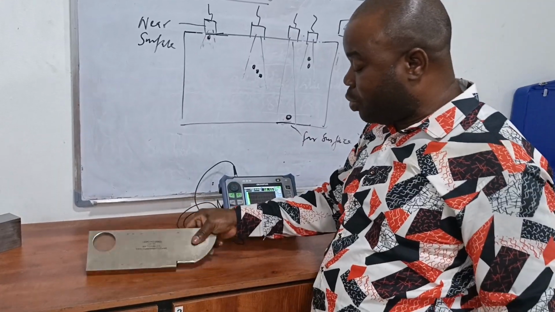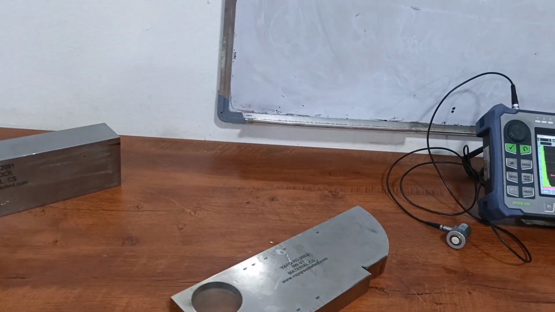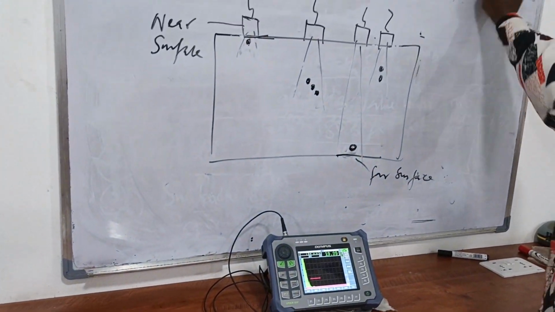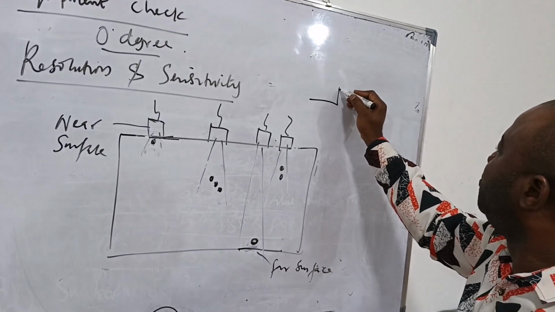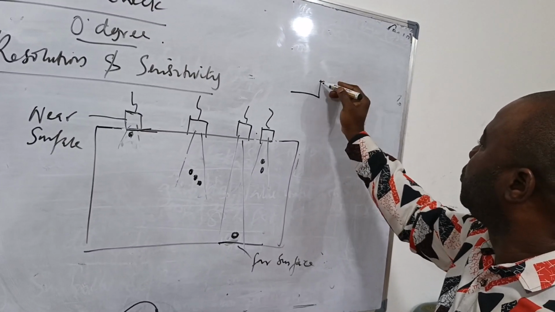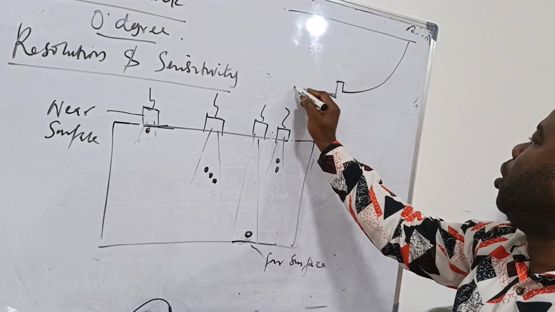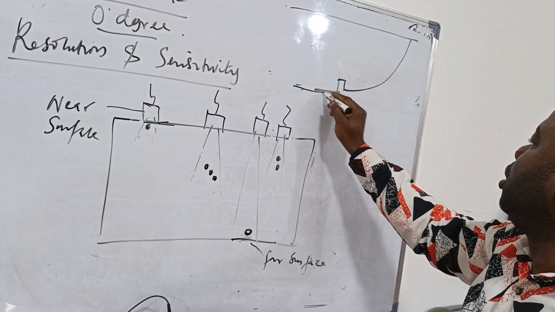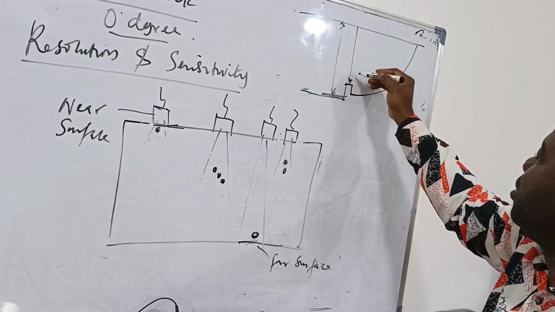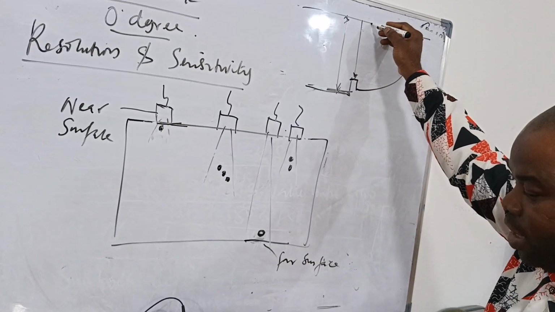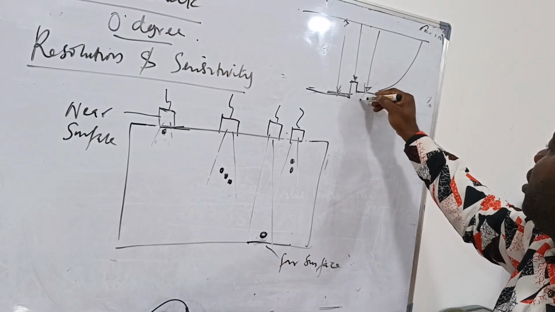So for our 0-degree probe, we have this. If I draw it on the board, we have one distance here, another distance here, and a third distance here.